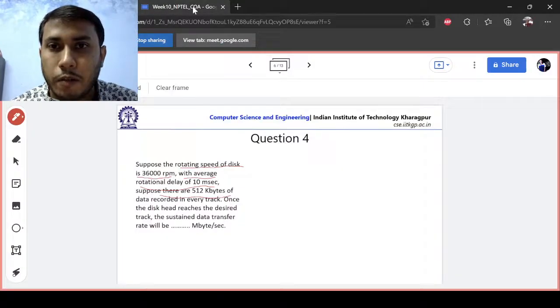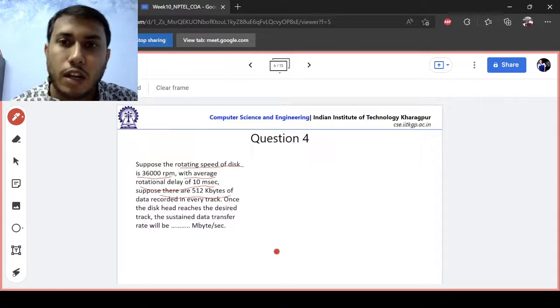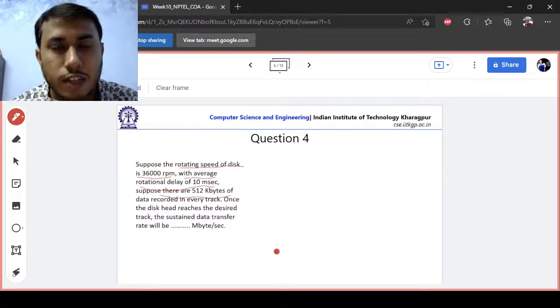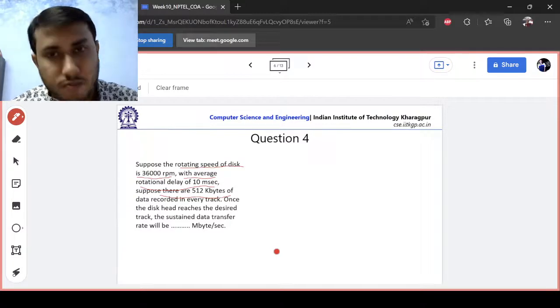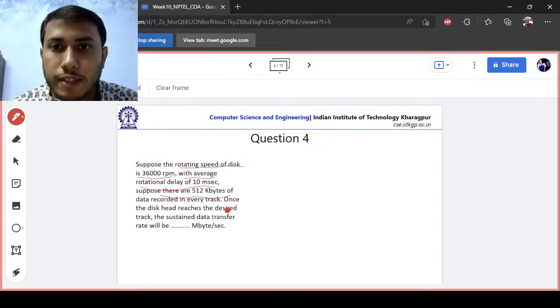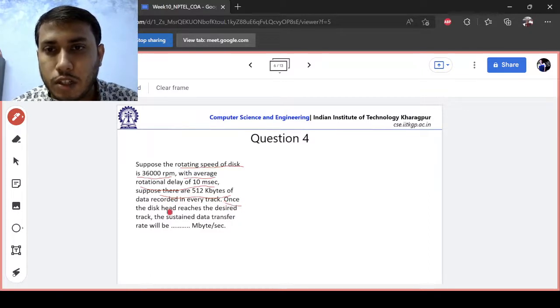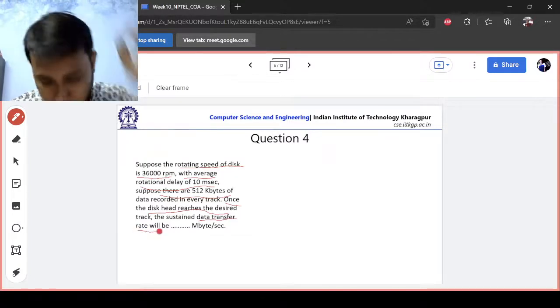Last week we discussed what a track is and what a sector is. Now it is given that once the disk reaches the desired track, what is the sustained data transfer rate? What will be the data transfer rate?